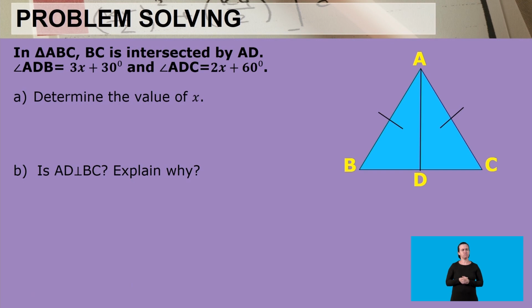It says there, in triangle ABC, BC is intersected by AD, and angle ABD is equal to 3x plus 30 degrees, and angle ADC is equal to 2x plus 60 degrees. Determine the value of x.